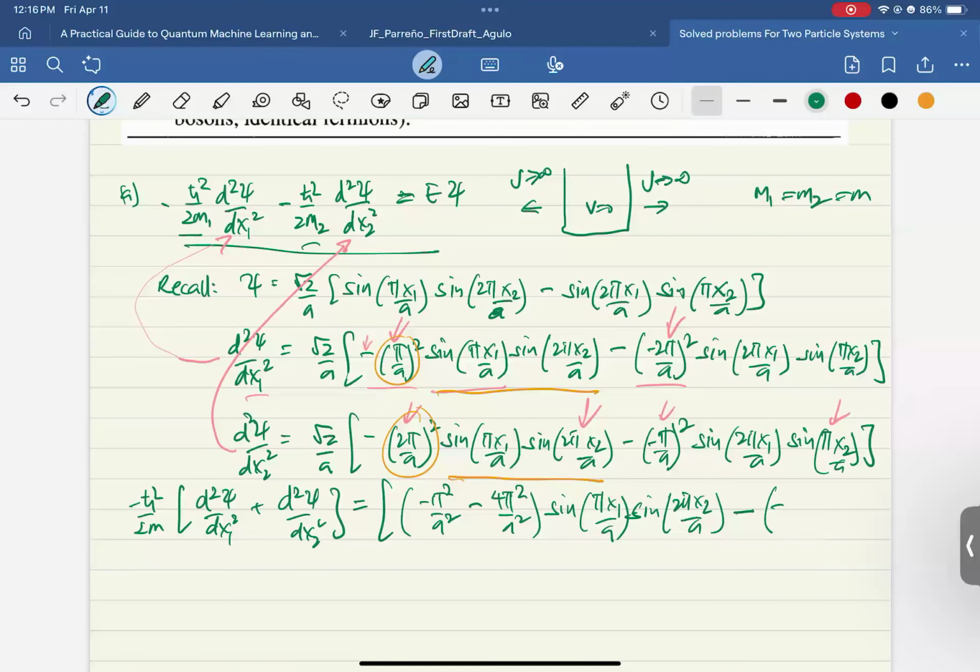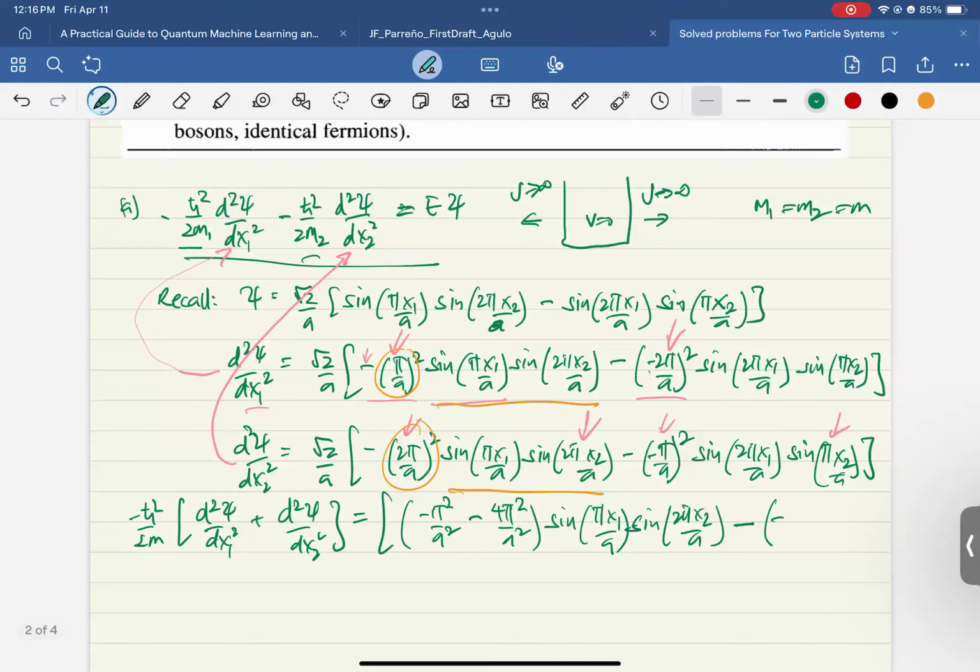So ito magiging pi squared over a squared, 4 pi squared over a squared minus pi squared over a squared. Okay, times sine 2 pi x1 over a sine pi x2 over a.